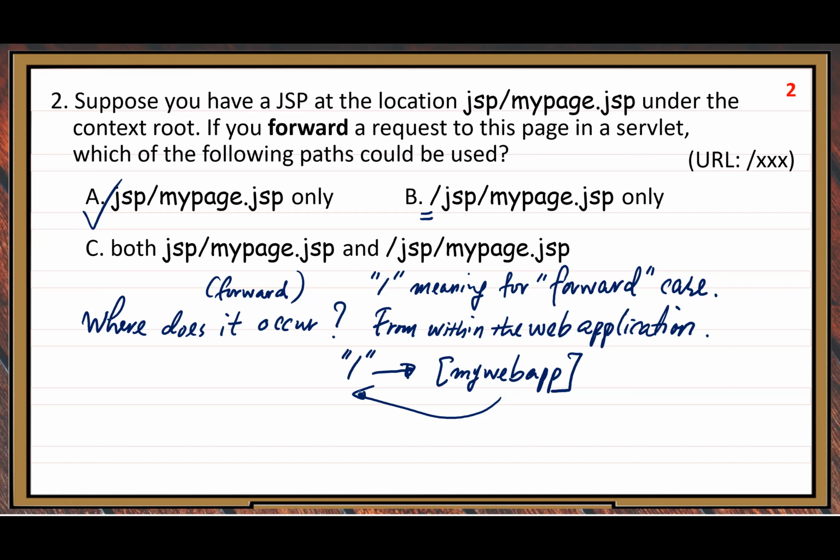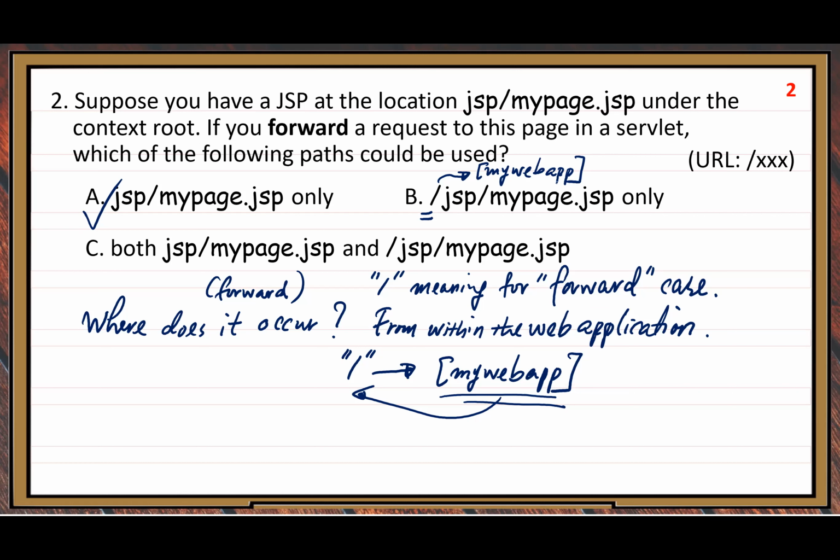And here, with respect to the Java web application, the root is the context root. That means for this B option, this slash means my web app. It corresponds to my web app, that context root.